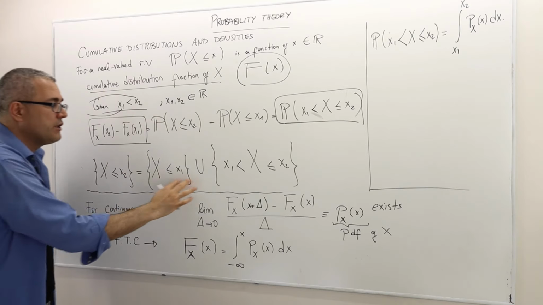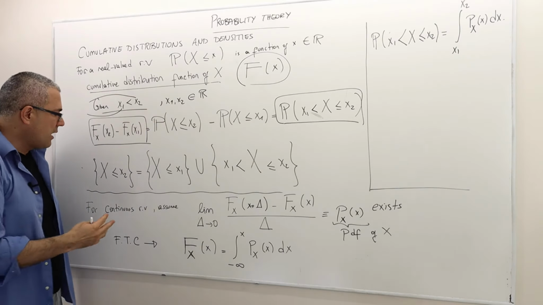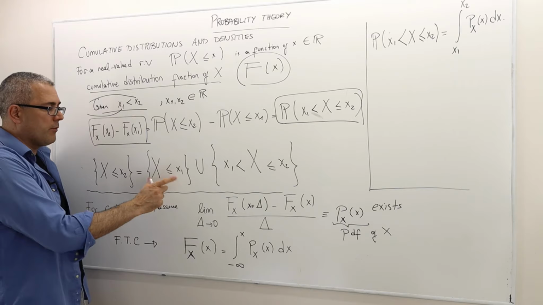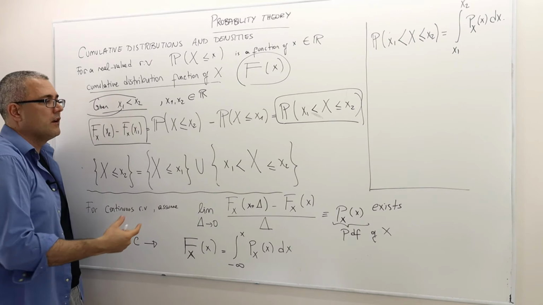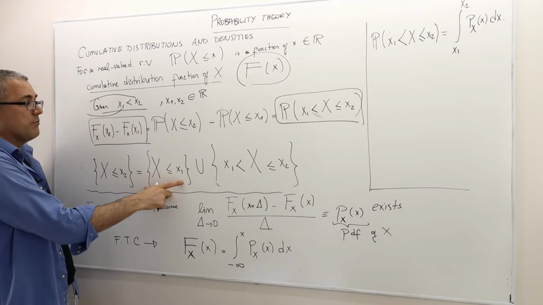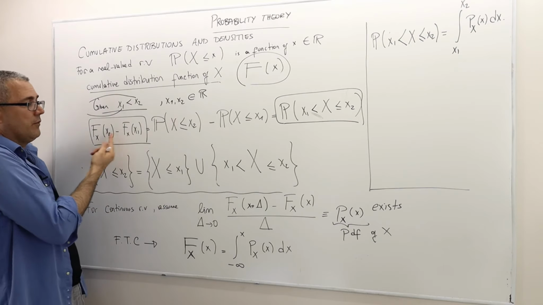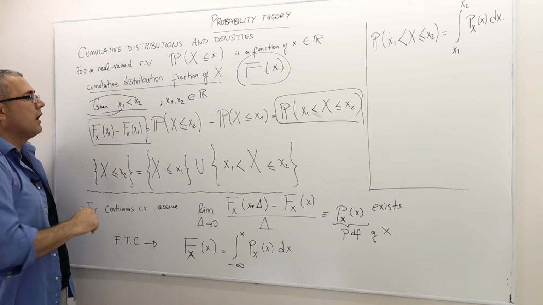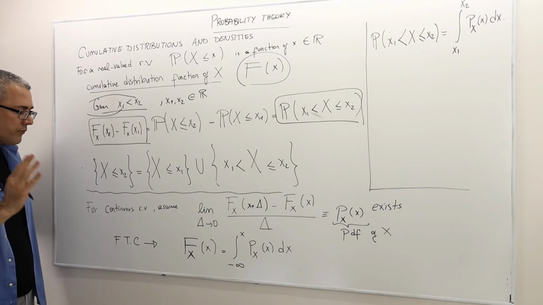Because these two events are disjoint, the probability of the whole is equal to the probability of this plus this, and therefore the probability of this thing is equal to this minus this. And hence, by definition, it's equal to this term.